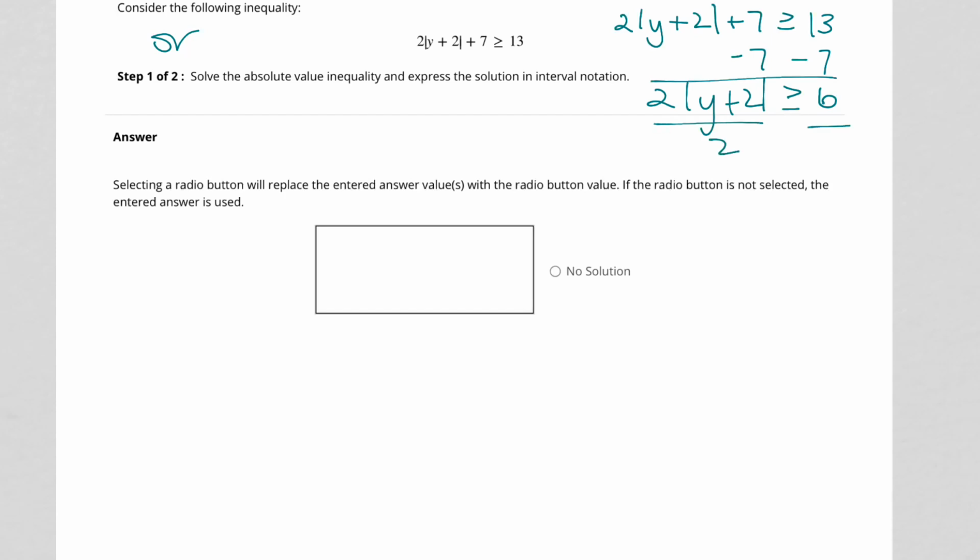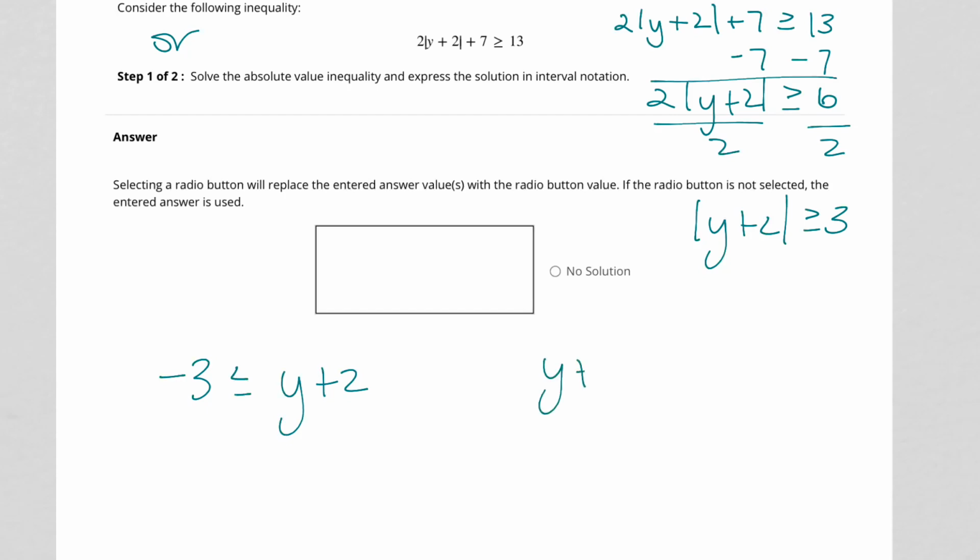Divide by 2. The absolute value of y plus 2 greater than or equal to 3. And it's an or. So negative 3 less than or equal to y plus 2. Y plus 2 greater than or equal to 3.